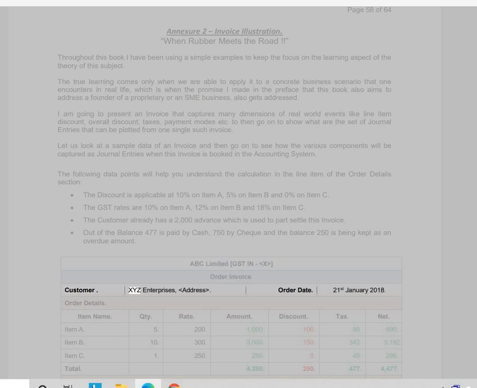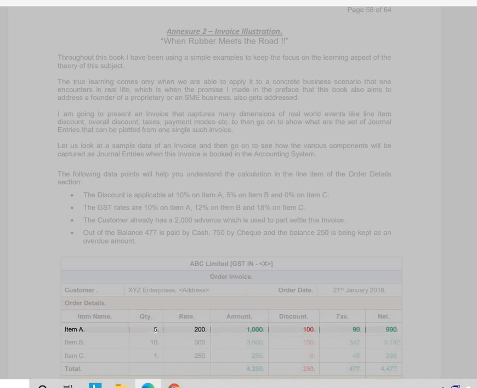ABC Limited, GST INX, Order Invoice. Customer: XYZ Enterprises. Address. Order Date: January 21st, 2018. Order Details. Item Name, Quantity, Rate, Amount, Discount, Tax, Net.